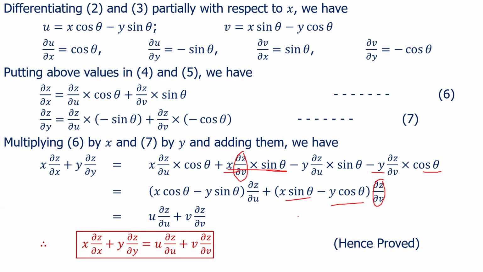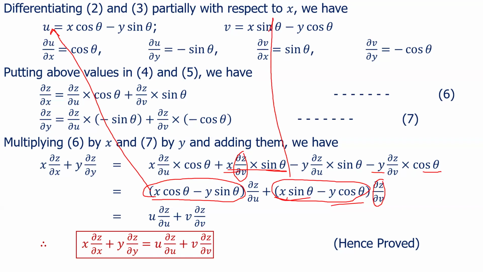But we know that x cos theta minus y sin theta is nothing but u, and x sin theta minus y cos theta is nothing but v.